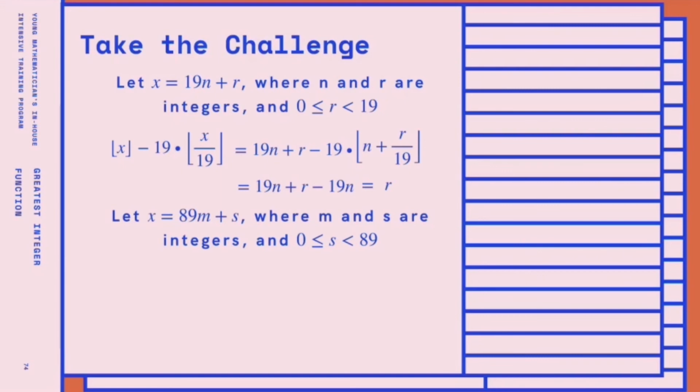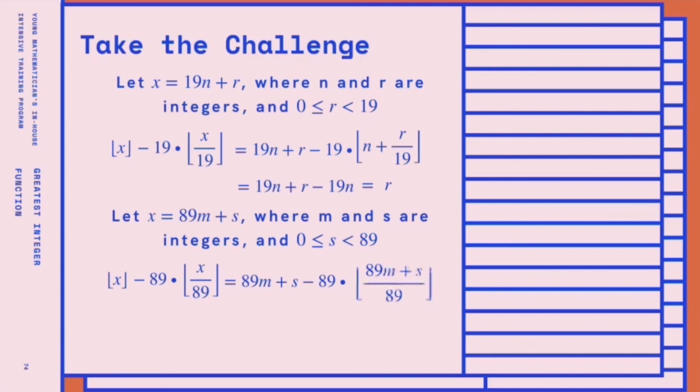So from the given, we can write the greatest integer function of x minus 89 times the greatest integer function of x over 89 as 89m plus s minus 89 times the greatest integer function of 89m plus s over 89.